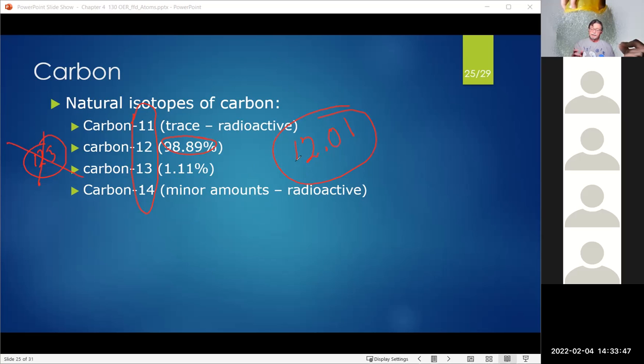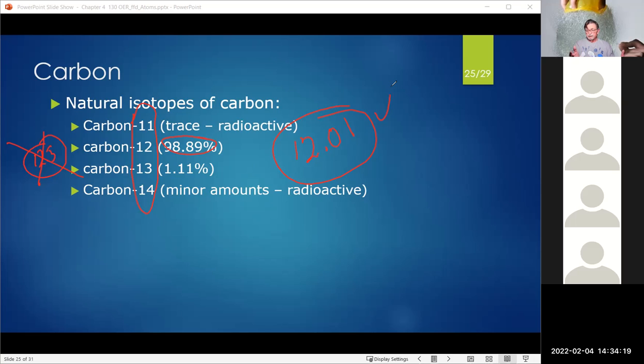And that is why we can take that atomic weight in the periodic table and round it up to the nearest whole number, and that gives us the mass number for the most common isotope, or the most abundant isotope, for that particular element, okay? And because we're taking the weighted average of the whole numbers, the atomic weight has really an infinite number of sig figs.